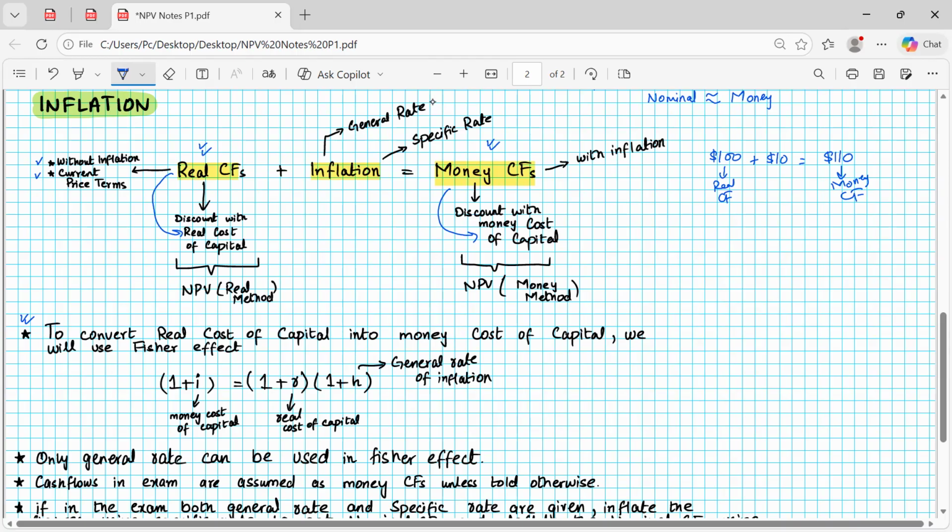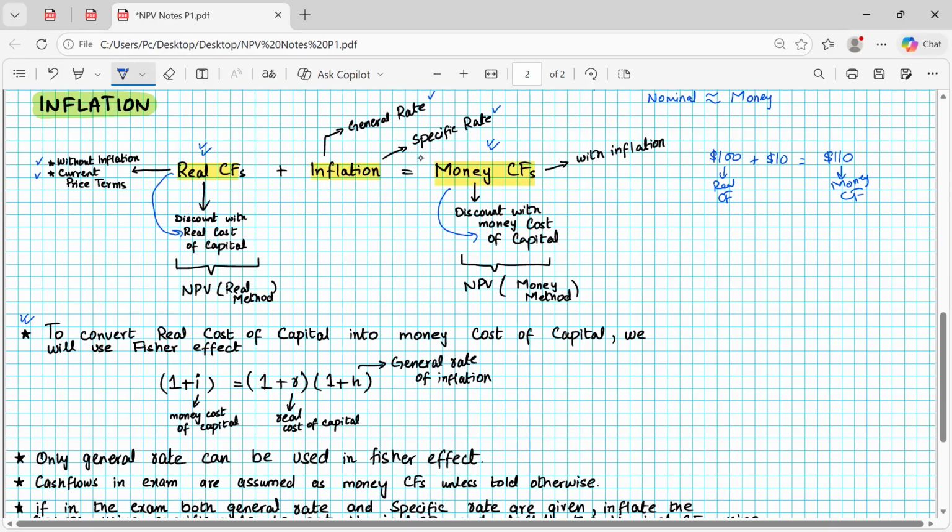Inflation is of two types, general rate and specific rate. General rate means the inflation that impacts all. Let's say there's a 10% inflation. That means your selling price will increase by 10%, your variable cost will increase by 10%, your fixed cost will increase by 10%. So that's a rate applicable to everything.